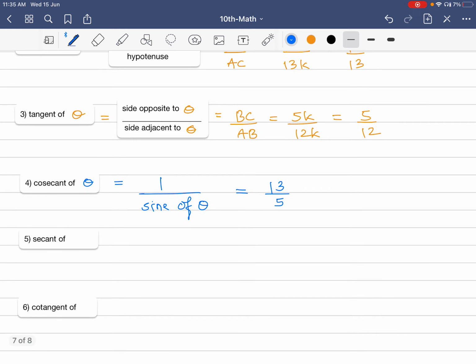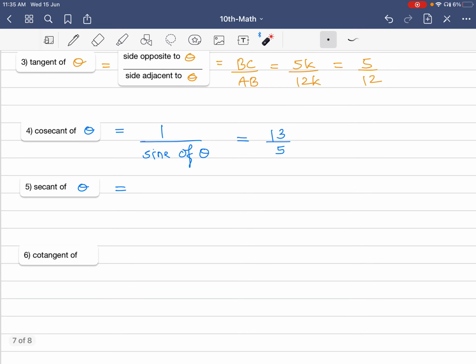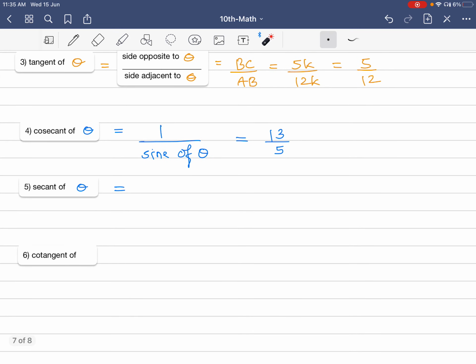Now we come to secant of theta. Secant of theta was actually a given value, 13 by 12. So I'm just going to note it down. This was 13 by 12. And last, cotangent of theta is nothing but 1 upon tangent of theta.